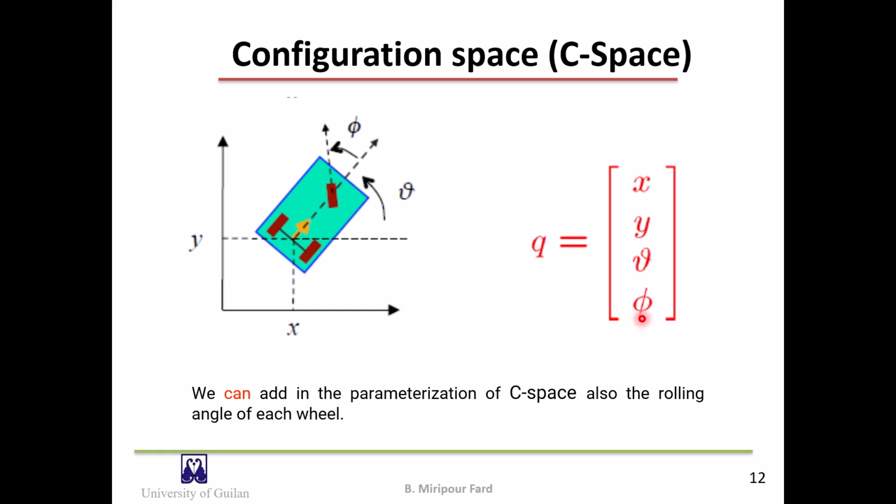Phi is the steering angle for the front wheel. We can also add in the parameterization of C space the rolling angle of each wheel. In summary, non-holonomic constraints such as those that conventional wheels impose do not reduce the dimension of the configuration space as well as the DOF. Moreover, steerable wheels increase the number of C-space dimensions.